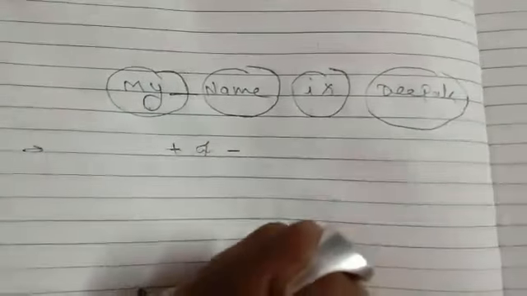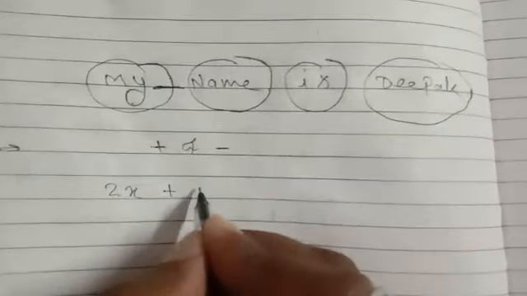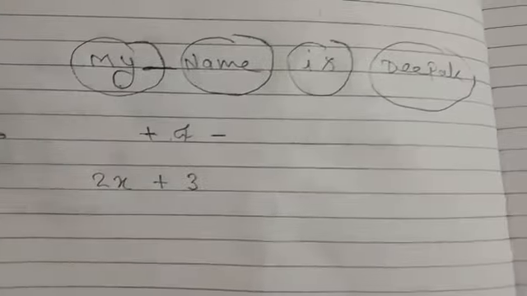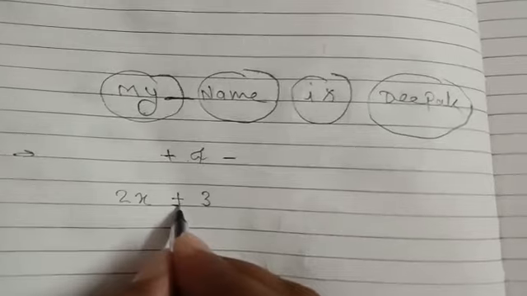Same thing in mathematics. In an algebraic expression, the operators plus and minus behave like a space in the English language. Take an example, 2x plus 3. This plus shows a space.